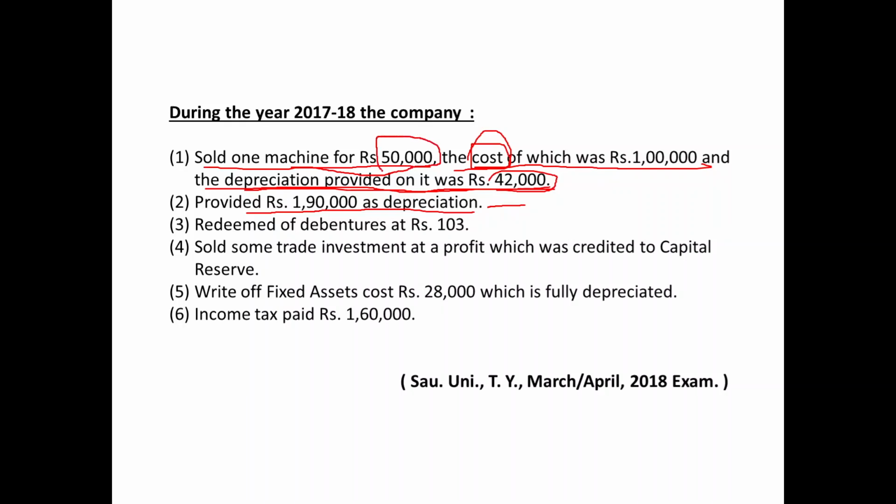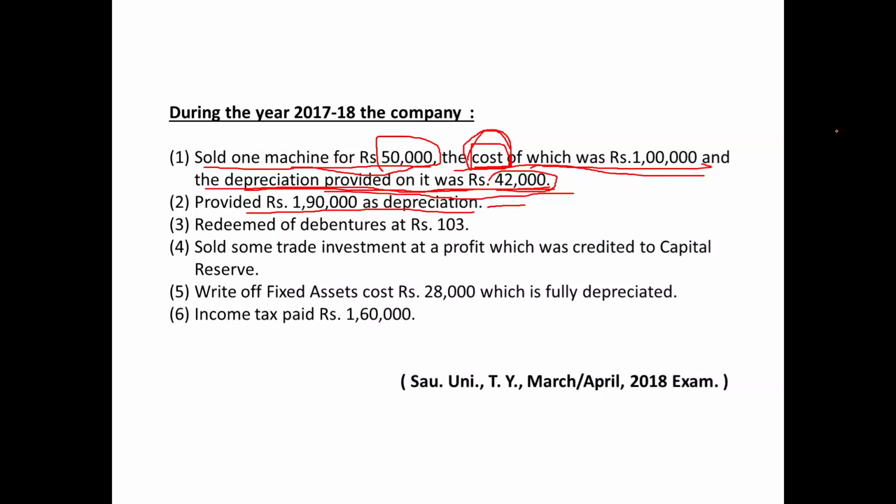Selling price has been given 50,000. Word cost, which is very important for the depreciation fund system. Cost of which was 1 lakh. And depreciation provided on it was 42,000. इतने सालों का इस मशीन पर प्रोवाइड किया गया डेप्रिसिएशन है 42,000.